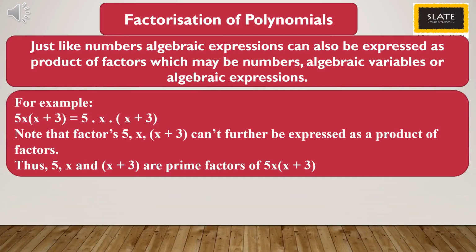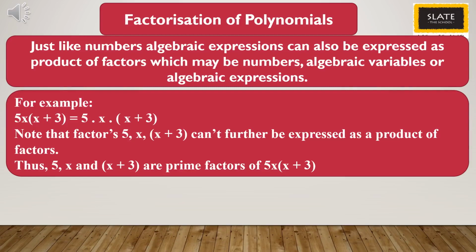Consider an algebraic expression 5x into x plus 3. 5x into x plus 3 can be written as 5 into x into x plus 3. These 5x and x plus 3 are called factors of the given algebraic expression. These factors we cannot express as a product of factors again.